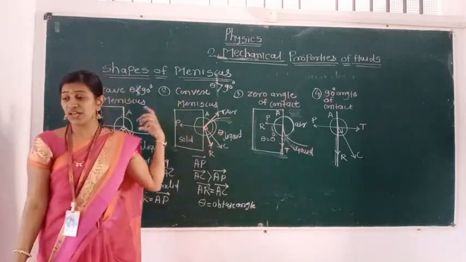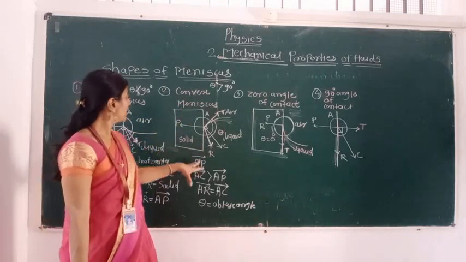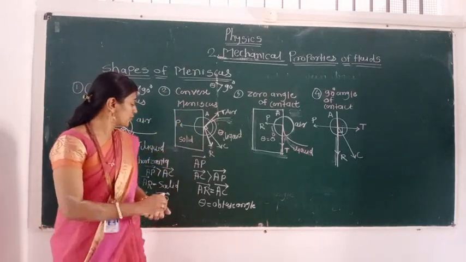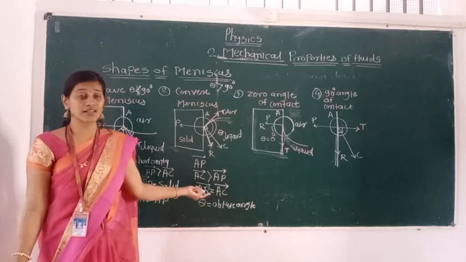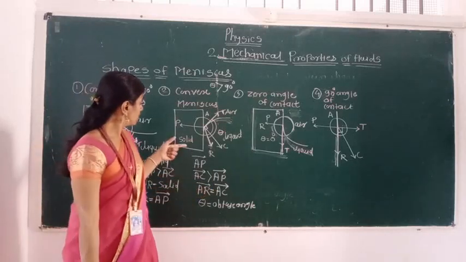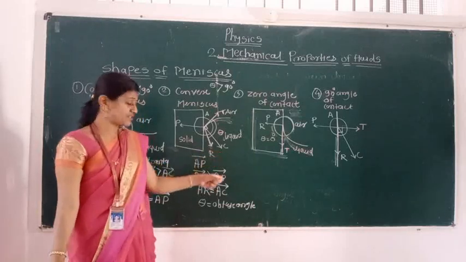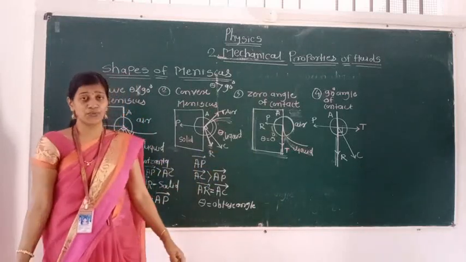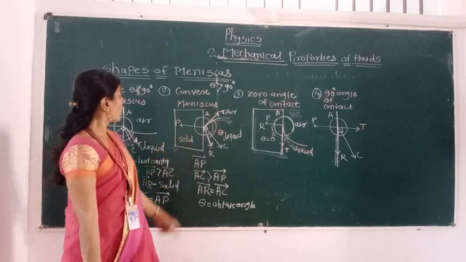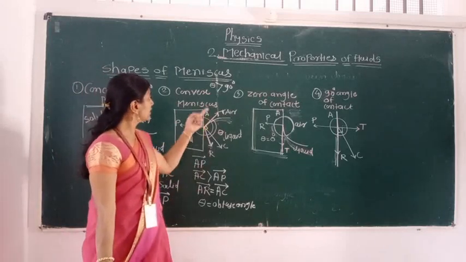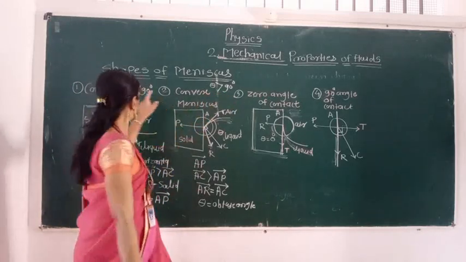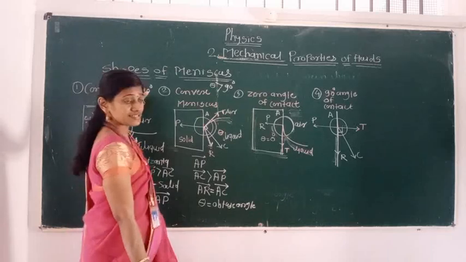In this case, we have taken liquid as mercury and solid as glass. So here we can say the resultant force is equal to the cohesive force. In that, the cohesive force is greater than the adhesive force. Okay, so this is the convex meniscus. In that, theta is greater than 90 degrees. In the previous case, theta is less than 90 degrees.